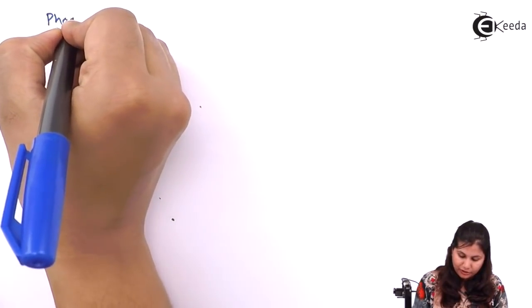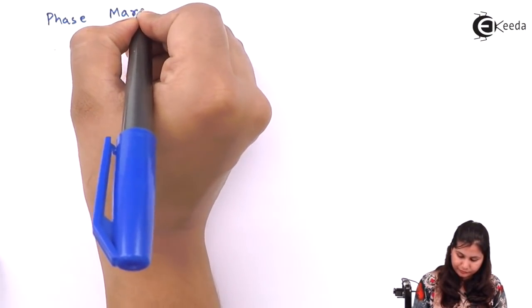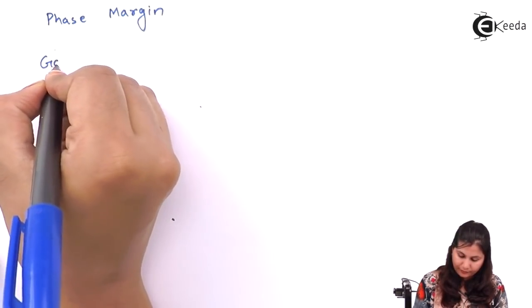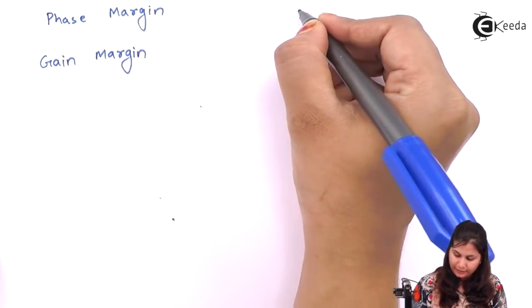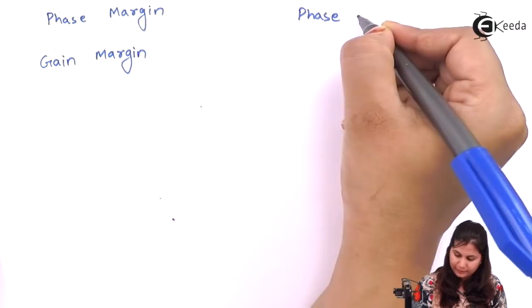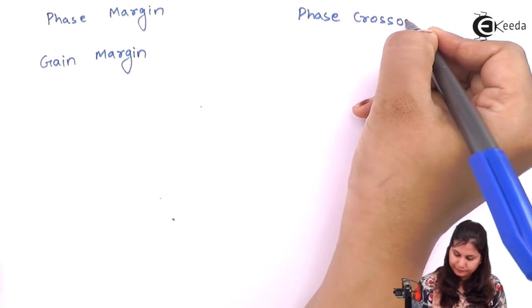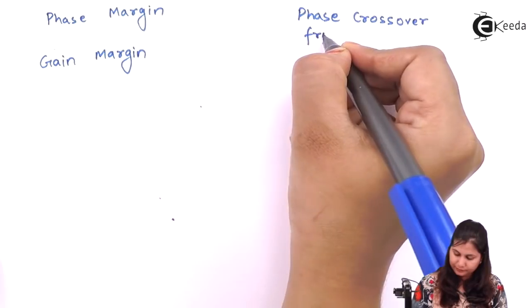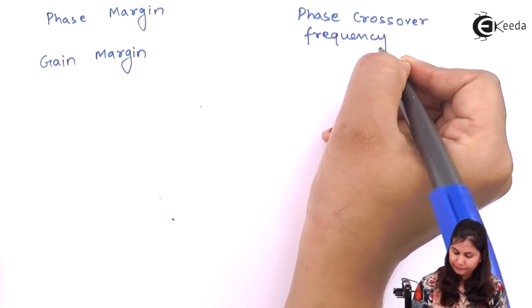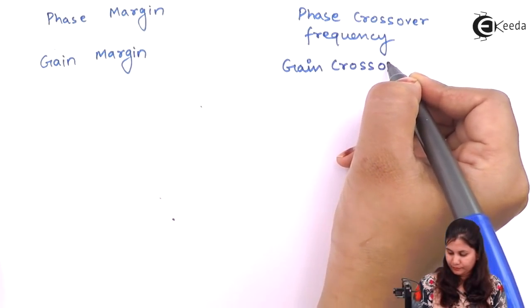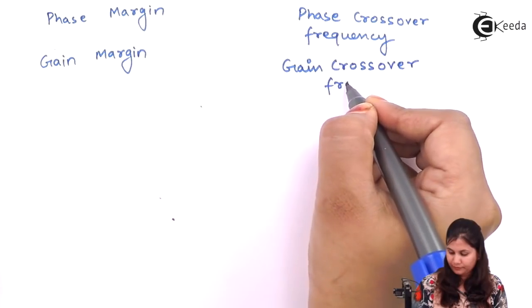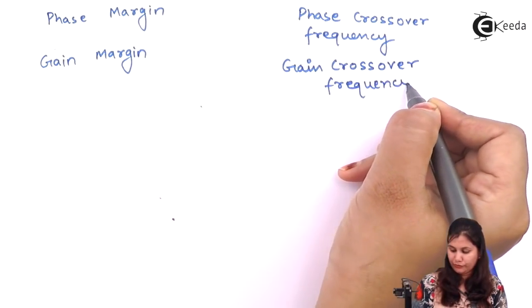So let's write the values of all these variables: phase margin, gain margin, phase crossover frequency, gain crossover frequency.